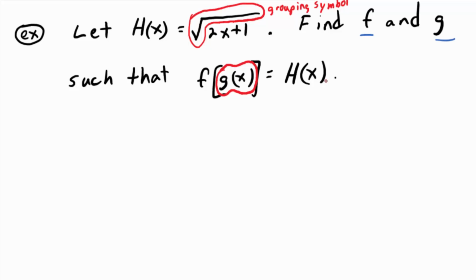So the square root acts in place of parentheses as well as telling you to take the square root. So that means the inner function here that's grouped is the 2x plus 1, and that's exactly what we're going to call g of x. So we're going to let g of x equal 2x plus 1. I think of that as the inner function.